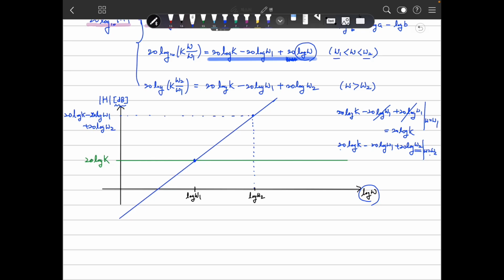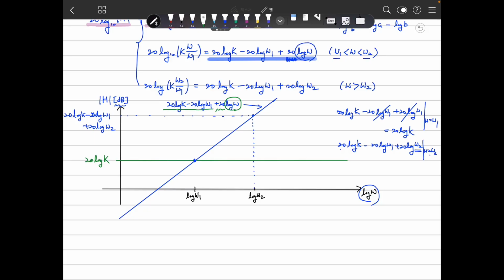This line is 20 log K minus 20 log omega 1 plus 20 log omega. This is a function of log omega, and this part is a constant.